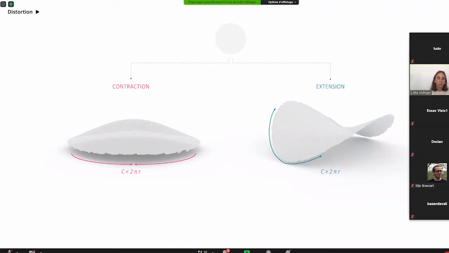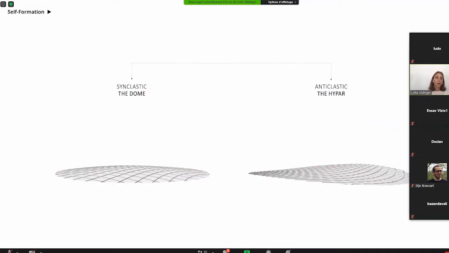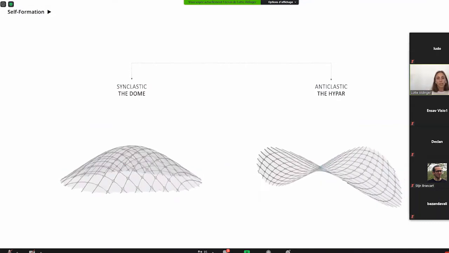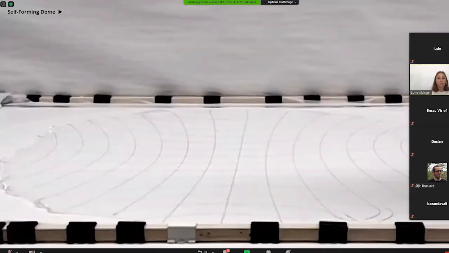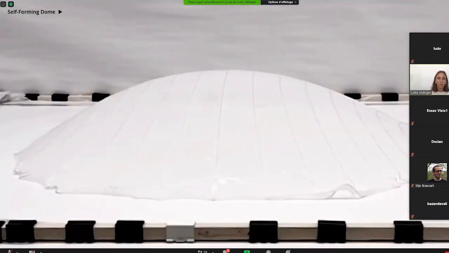And in order to emphasize this distortion, we bias the angles of our grid so that when the membrane contracts, it will distort the grid into the right direction so that we have either contraction or extension. And this works well in our simulation for the synclastic and anticlastic, but we also validated it with physical prototyping.